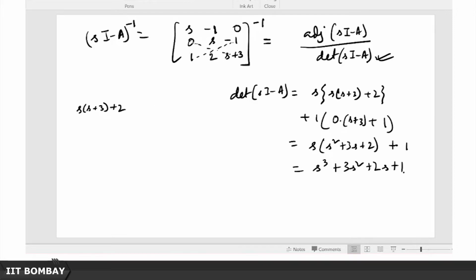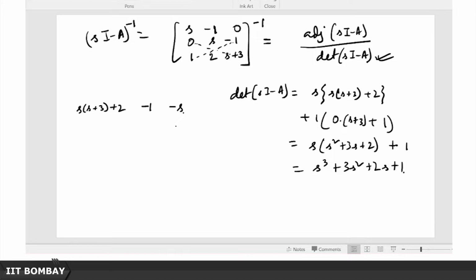What is the cofactor of this? 0 into this minus this, so that is plus 1, but of course the sign will change, so it will become minus 1. What is the cofactor of this? 0 into 2 minus s, so it is going to be minus s. I hope I am not making a mistake. Then what about this? It will be 2s plus 1, I guess, yeah, 2s plus 1.